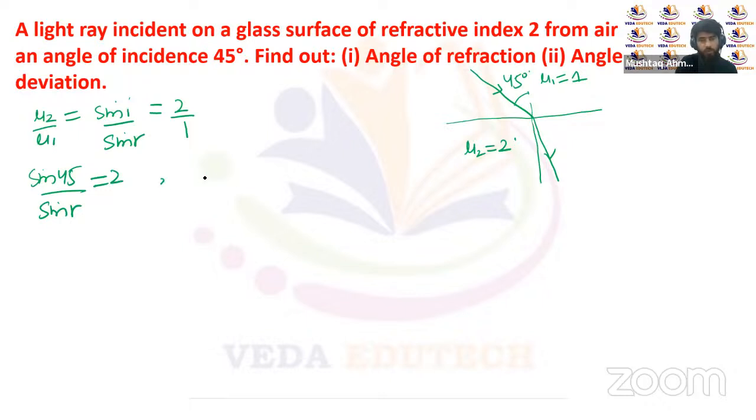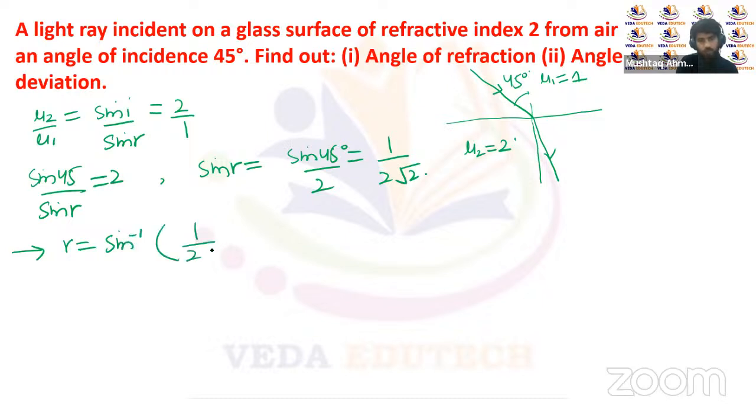From here we can write sine R will be equal to sine 45 upon 2, that will be 1 upon 2 root 2. So R will be equal to sine inverse of 1 upon 2 root 2.